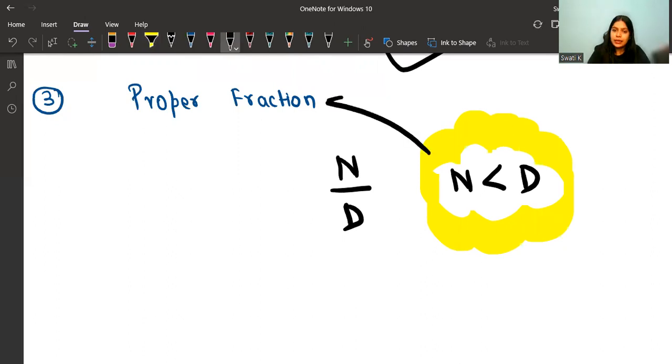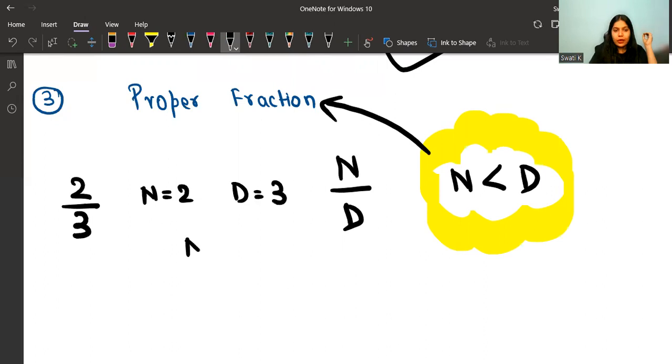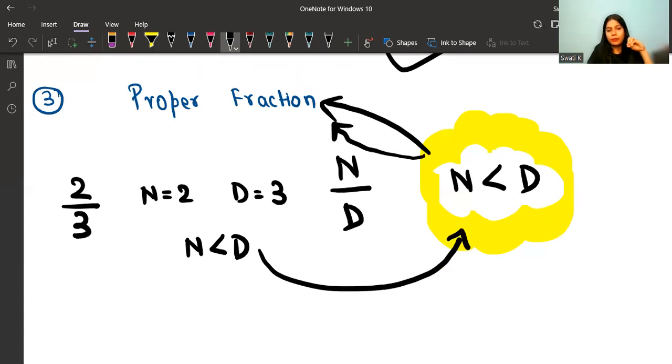For example, I'm taking 2 by 3. Can you check, the numerator is 2 and the denominator is 3? Of course, the numerator is lesser than the denominator, which is satisfied, and that is called a proper fraction.